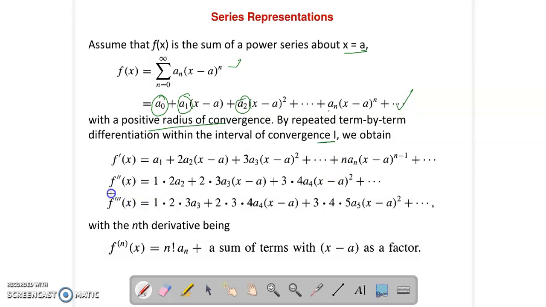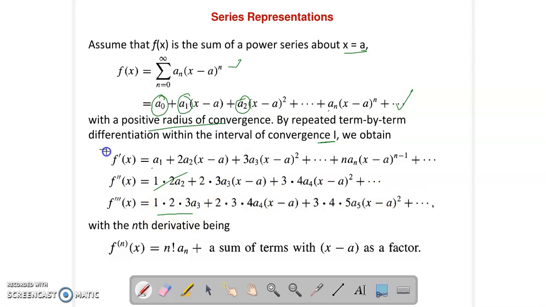Likewise, you can define f''(x), the second derivative of the function with respect to x. The first term is 0, so this is 2a2 + 3a3 times 2(x - a), plus we keep on going like this. When you go for the third derivative, this term vanishes and you will have 1 times 2 times 3, that is 3 factorial, times a3, plus something.